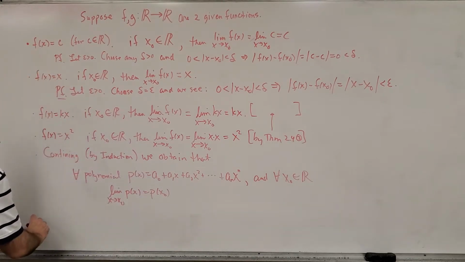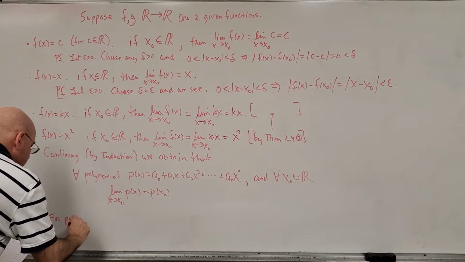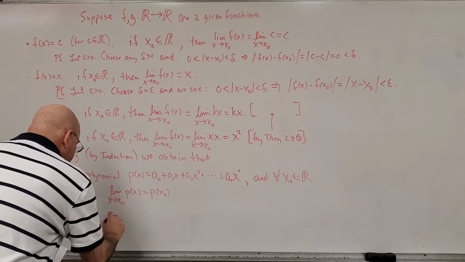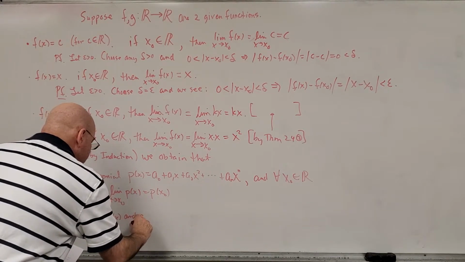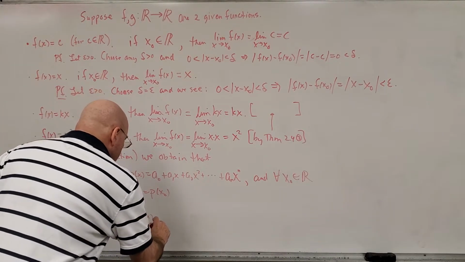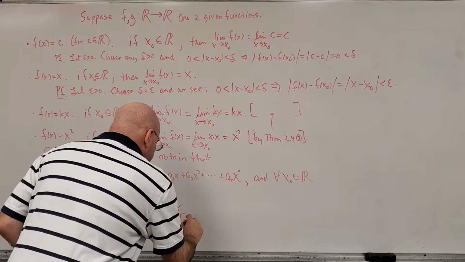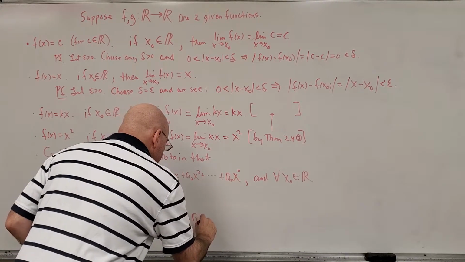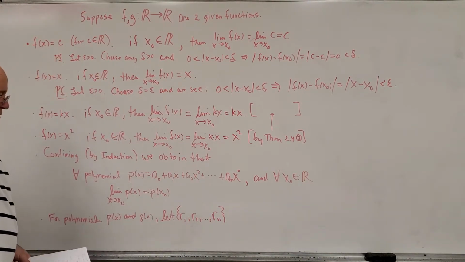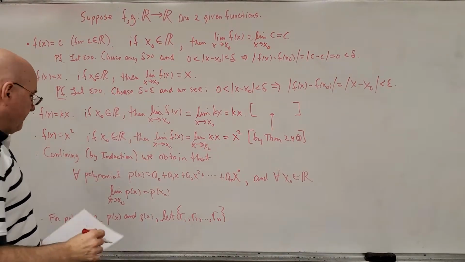All right, last one. For polynomials, p and q this time, so p of x and q of x, let R1 in squiggly brackets, so it's a set, let R1, R2, all the way up to Rn be the n roots or zeros of the polynomial q.